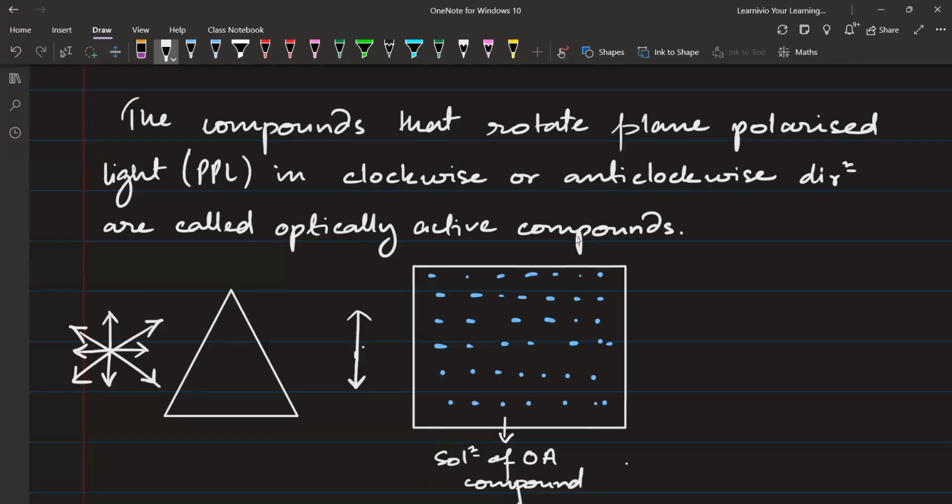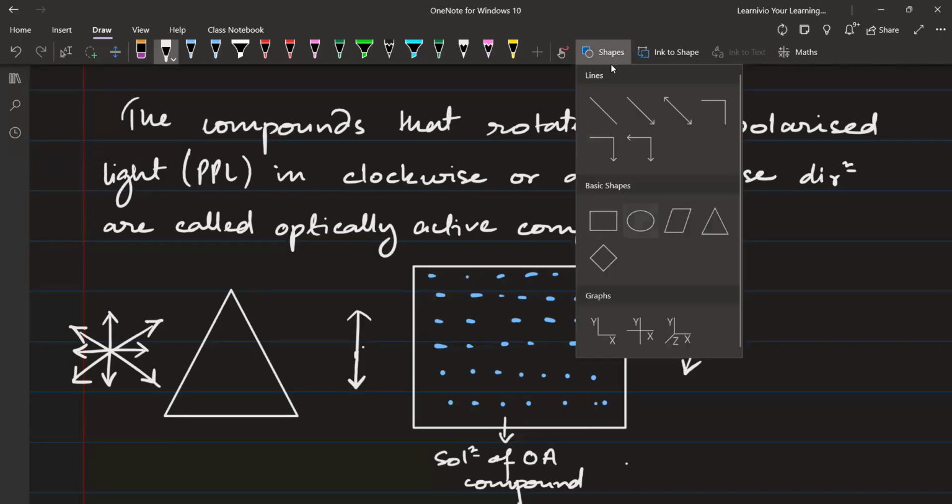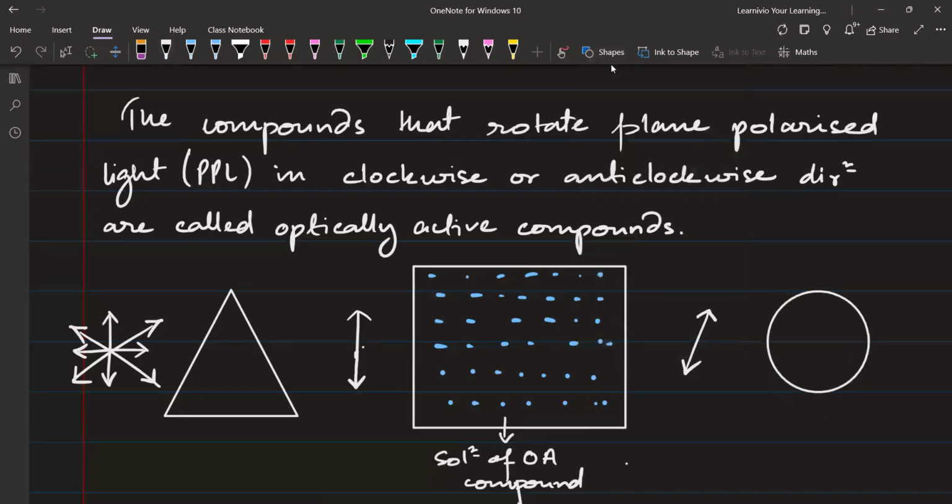Then what happens? This optically active compound rotates the plane polarized light in clockwise or anti-clockwise direction by some degree. And this particular rotation can be measured by a device which is known as polarimeter. This is polarimeter.